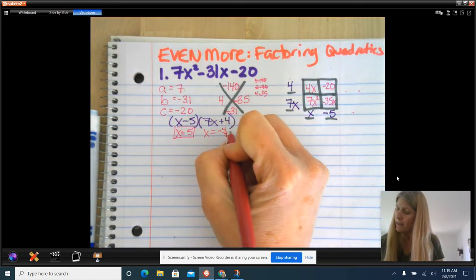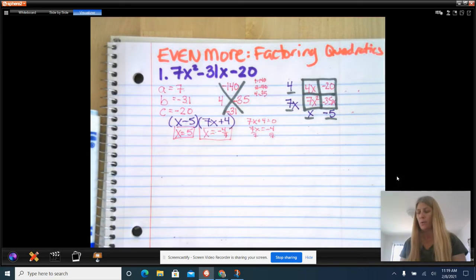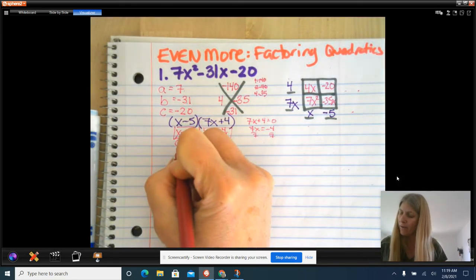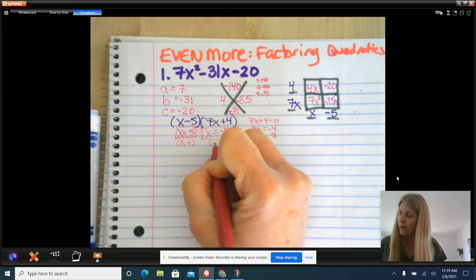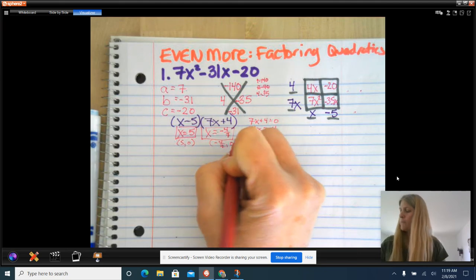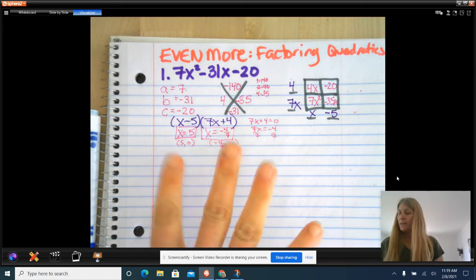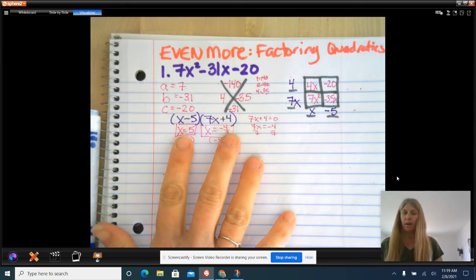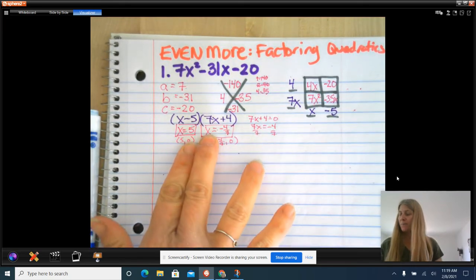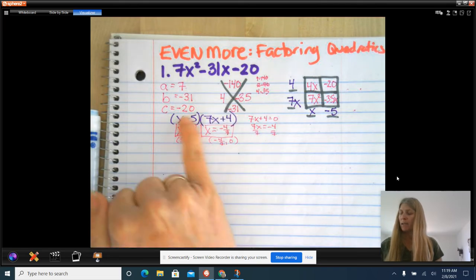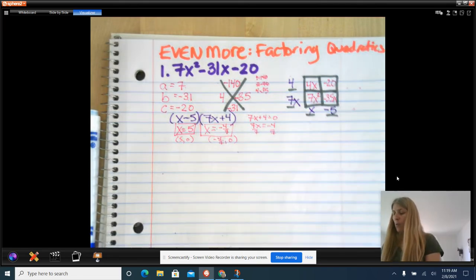Once again, I could write them like x equals or as ordered pairs. That would be the ordered pair 5, 0, and that would be the ordered pair negative 4 sevenths, 0. So just make sure you're paying attention to how it's being asked of you. Once again, if I wanted to find my vertex, I would now add those together, divide by 2 to find the x, and plug it back into the equation to solve for y.